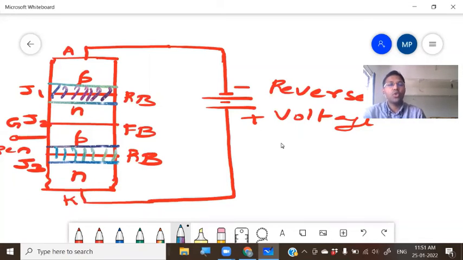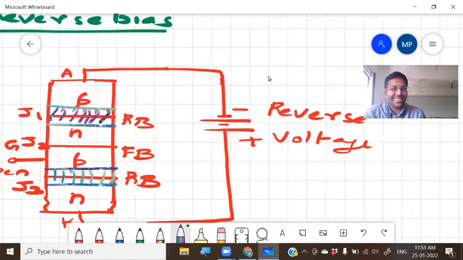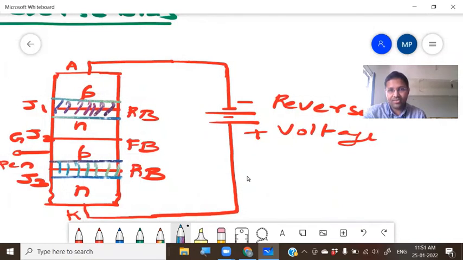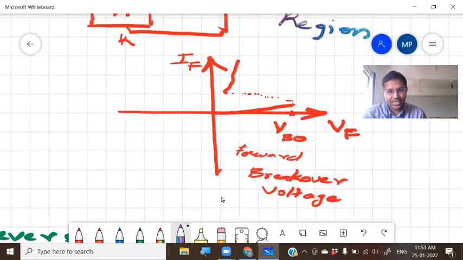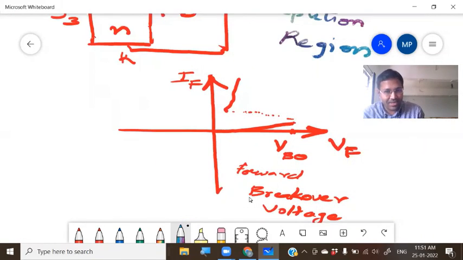So what happens when we gradually increase this reverse voltage? We know very well that reverse voltage we will consider in this quadrant.